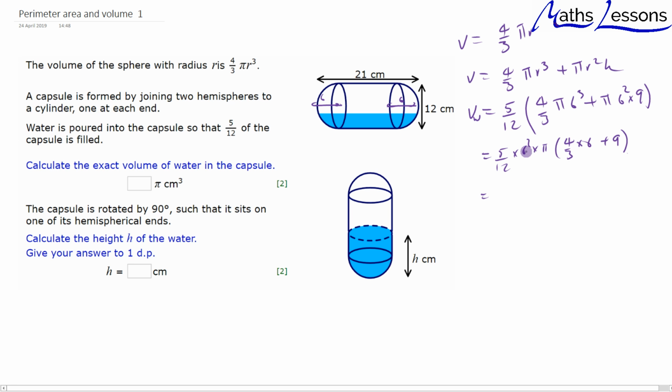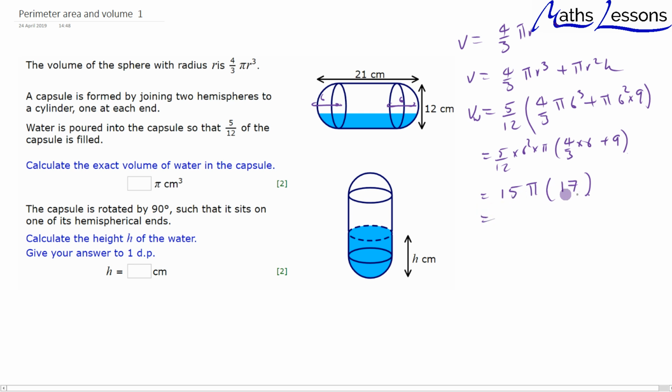So let's work this out. 6 squared is 36, divide that by 12 is 3, 3 times 5 is 15, times pi. 4/3 times 6, well, a third of 6 is 2, times 4 gives me 8, plus 9 gives me 17.